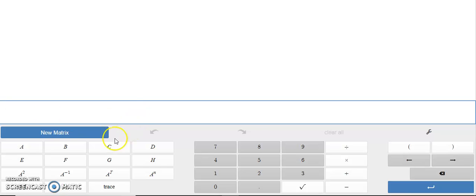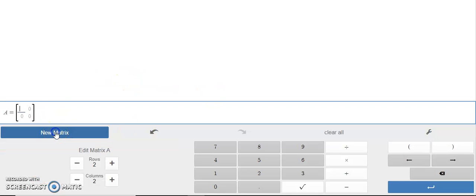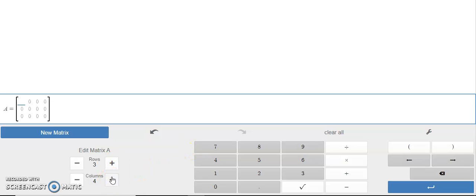So just a quick refresher, we know that we go to desmos.com/matrix, we type new matrix, and then we use these little pluses to make sure that we have enough spaces for all the numbers that we need. And then we just type down whatever we had from the previous page.